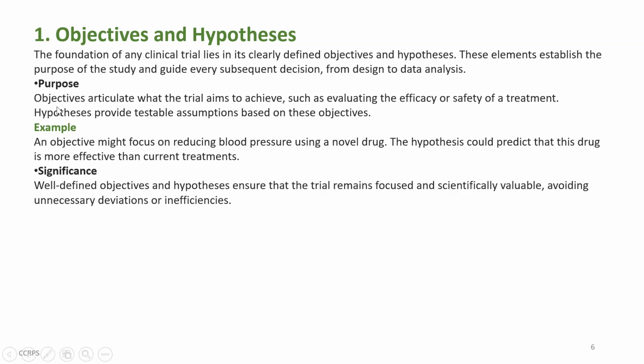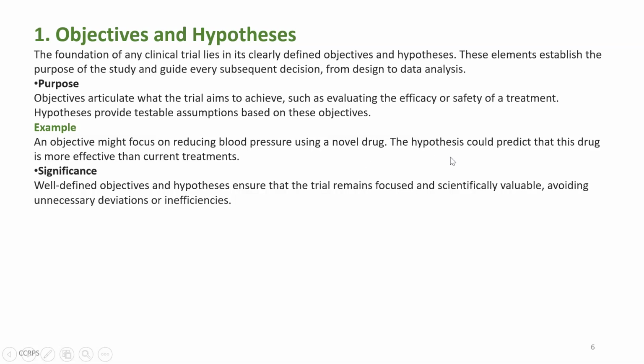Purpose. Objectives articulate what the trial aims to achieve, such as evaluating the efficacy or safety of a treatment. Hypotheses provide testable assumptions based on these objectives. Example, an objective might focus on reducing blood pressure using a novel drug.